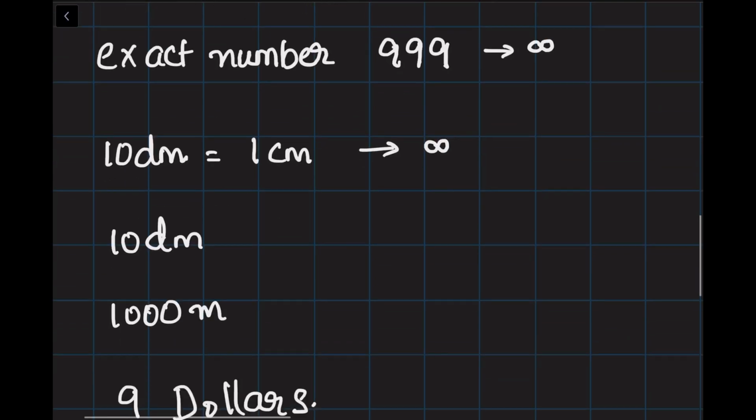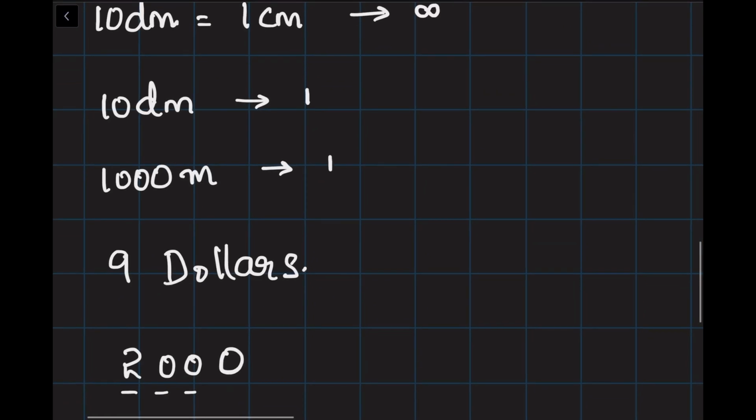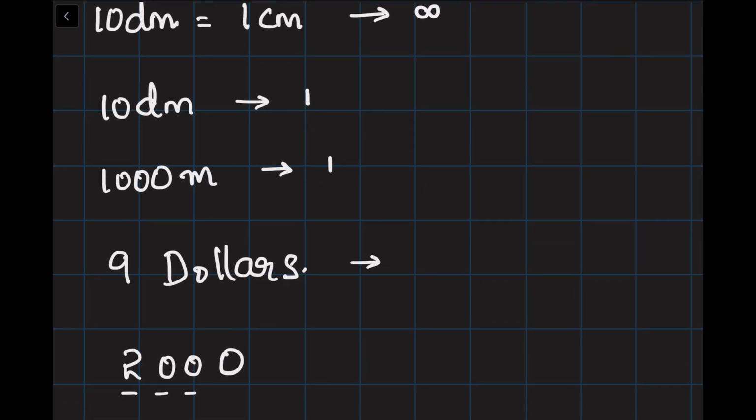And if a number is given as 10 decimeter, I already mentioned that unit is not to be considered, so the significant figure is 1. Even in the case of 1000 meters, the significant figure is 1. But once it is mentioned as $9, 8 rupees, 7 pounds, something like that, then it will have infinite significant figures, because it's a constant. $9 means $9 itself.